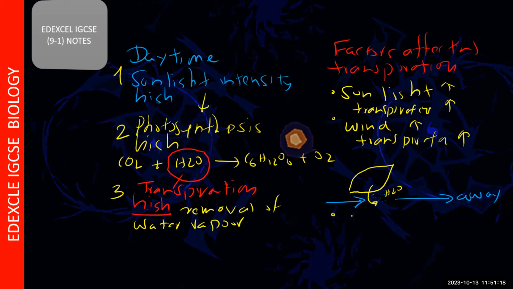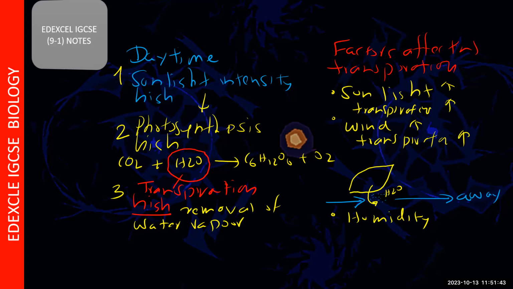And the other one is humidity. Now humidity is the amount of water vapor in the atmosphere. So let's say the atmosphere is full of water vapor, then there is no gradient because outside water vapor is high. So then water releasing from the leaf reduces, water vapor also reduces.